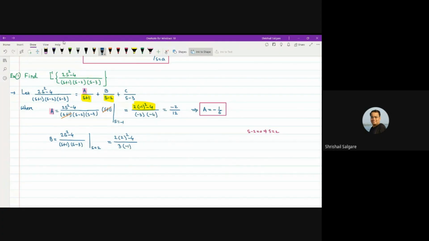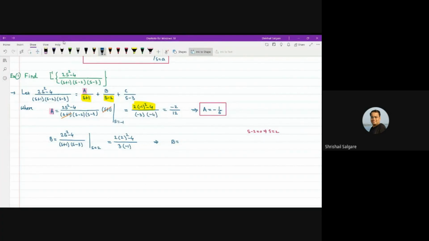Okay, that answer I am getting in the chat box. B is equal to minus 4 by 3. Write everyone in the chat box. I will go with the majority. I will enable the chat box from my end. Okay, minus 4 by 3. So this implies b is equal to only one answer. Everyone should write in the chat box.